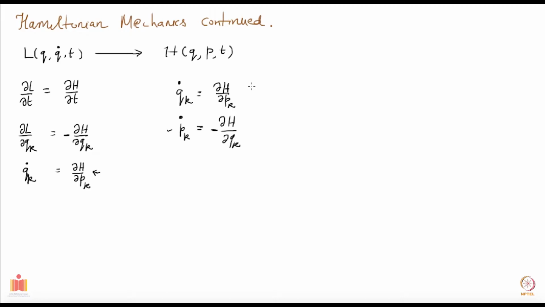Now let's ask, what is the total derivative of the Hamiltonian with respect to time? So I am asking, what is dH/dt? It's easy to evaluate. dH/dt is ∂H/∂Qk times dQk/dt, which is Q dot, and Q dot is ∂H/∂Pk.